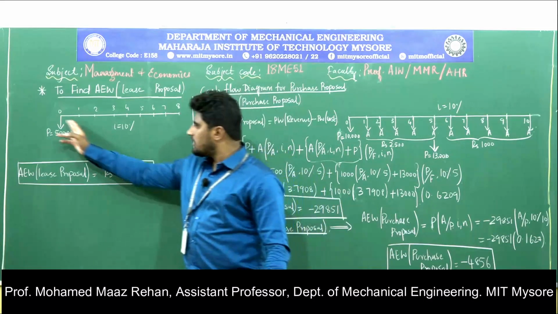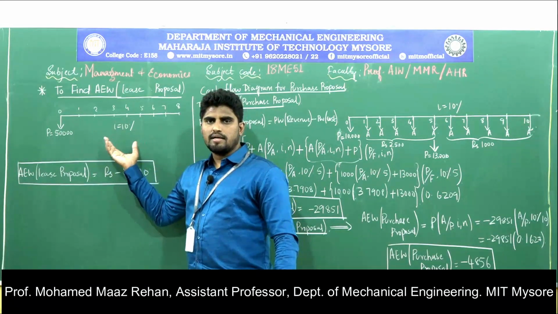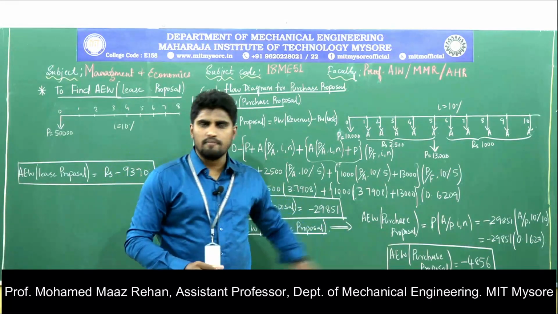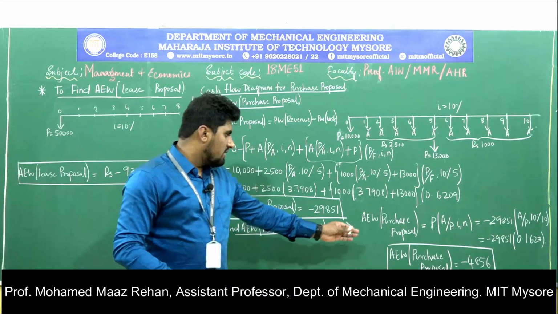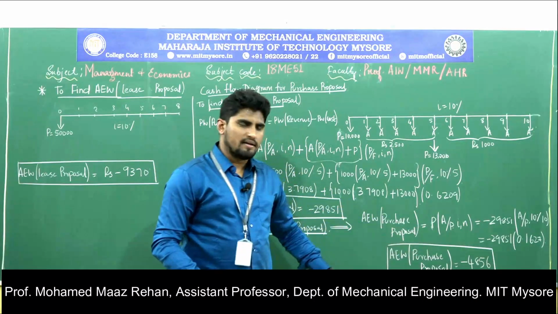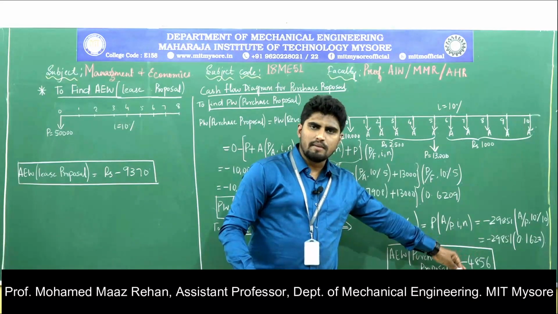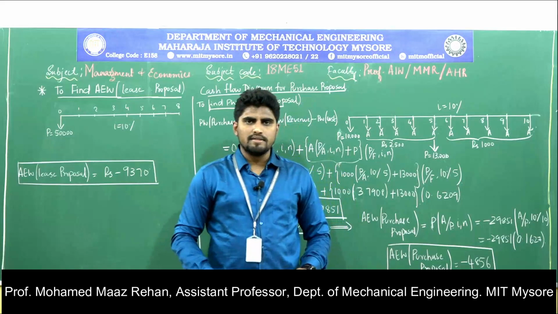Here we are converting P to A, since P is known. If you compare both alternatives, the purchase proposal and the lease proposal, it clearly indicates that the purchase proposal is better. Why? Because minus 4856 is better compared to the lease proposal. That completes the problem.